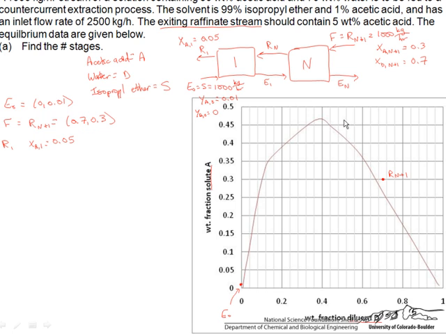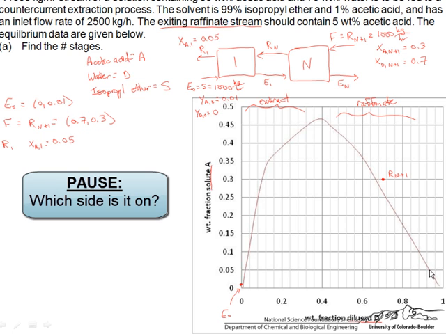Remember, the raffinate is on the right side, and the extract, which is high in solvent and does not have much diluent in it, is on this left side. So the raffinate coming out of stage 1 is going to be in equilibrium with the extract coming out of stage 1. So that means it's going to be on the equilibrium curve. So if XA1 equals 0.05, it can either be on this side or this side.